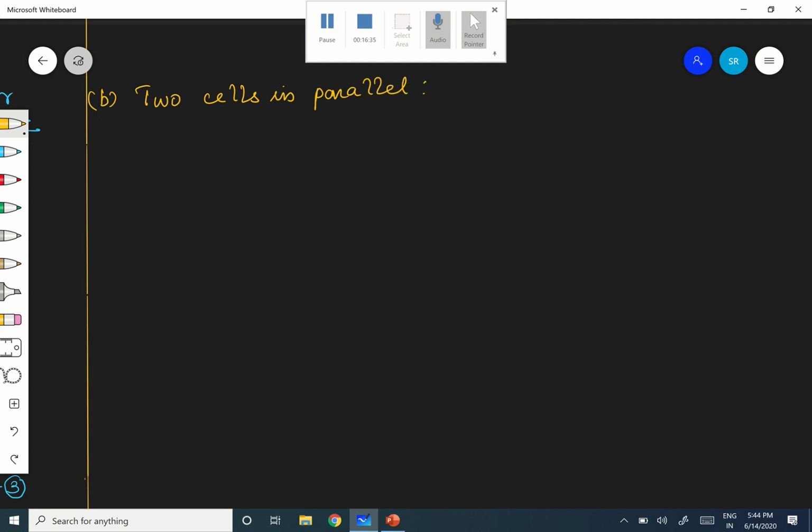So in this case, I have two cells in parallel: one cell and the other cell, connected between the points A and C. As before, between A and C we had two cells in series, now it is two cells in parallel.